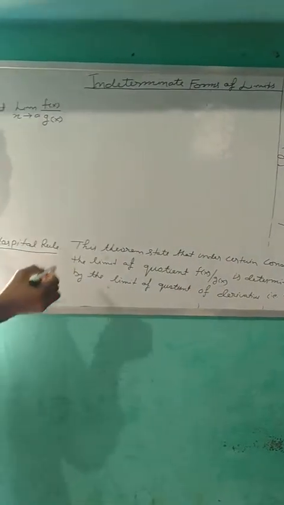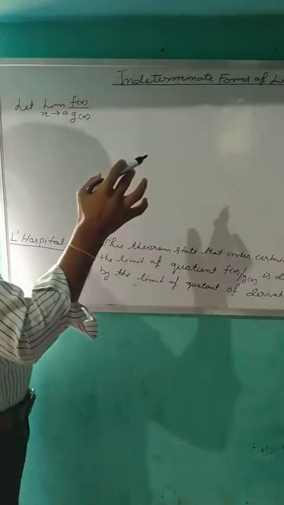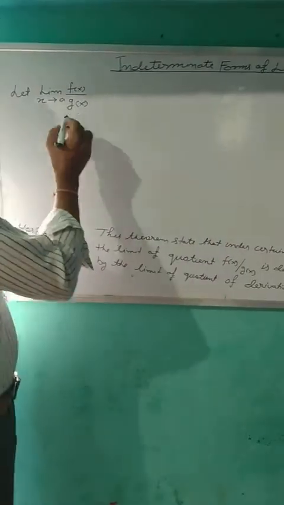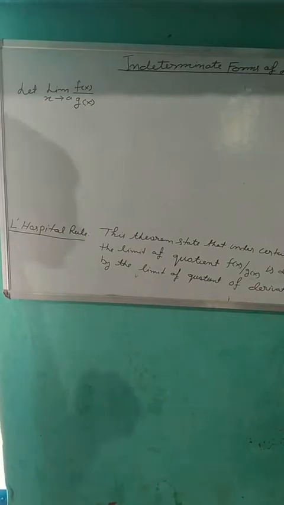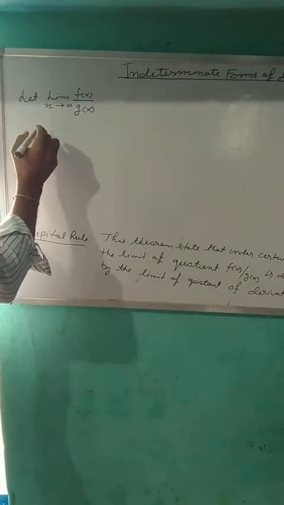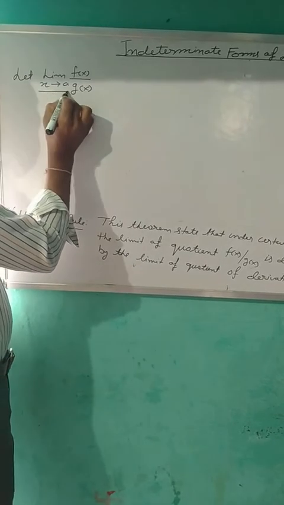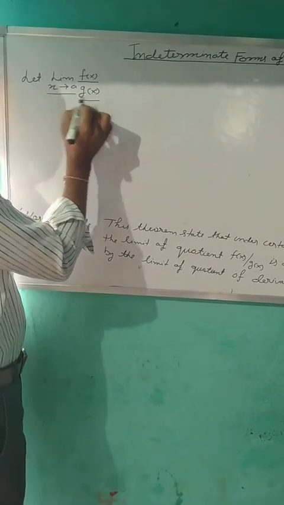Indeterminate forms are generally created when we are solving quotient type limits of a function. For example, let me take the limit as x tends to a of f(x) upon g(x).